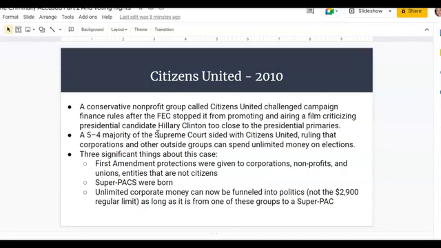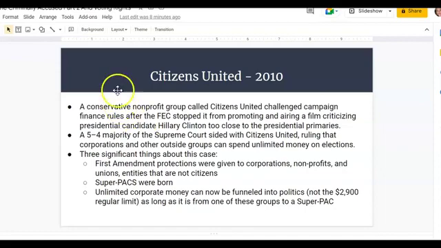So you'll see when you review the case that First Amendment protections were given to corporations, nonprofits, unions, and entities that are not citizens, right? So we usually think about the First Amendment applying to citizens and that it applies to words, but I guess it applies to these non-individual entities, and it also applies to money and how much money people can contribute.